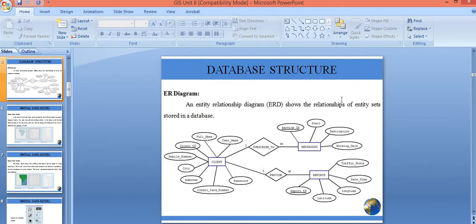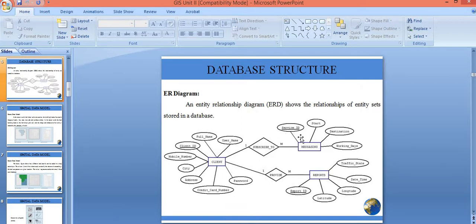Just see here, you have an entity set called client, an entity set called messaging, an entity set called reports, and relationship sets called subscribe to, provide, like that. The oval symbols represent attributes. Whenever some attribute is underlined, it means that it is a key attribute.